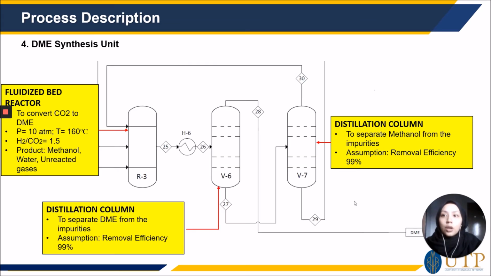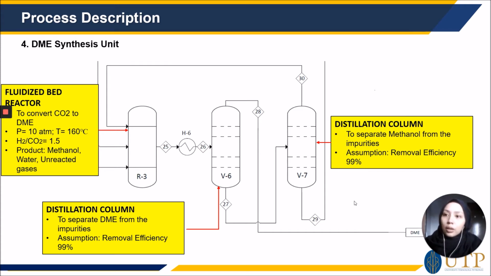Moving on to our DME synthesis unit, it also consists of three main units, the first one is the fluidized bed reactor. It is to convert carbon dioxide to DME, where the carbon dioxide is from the CO2 absorption unit just now.